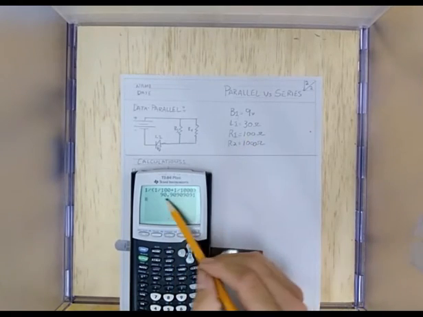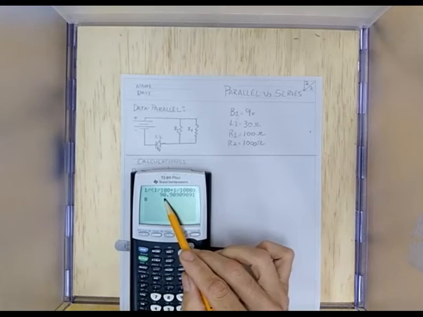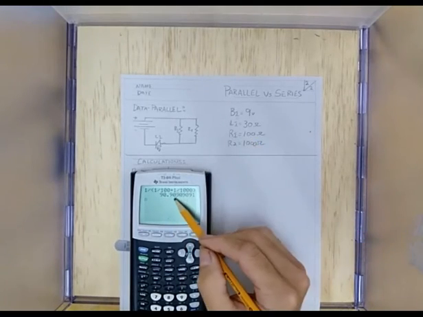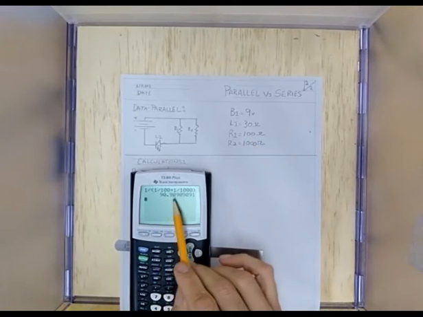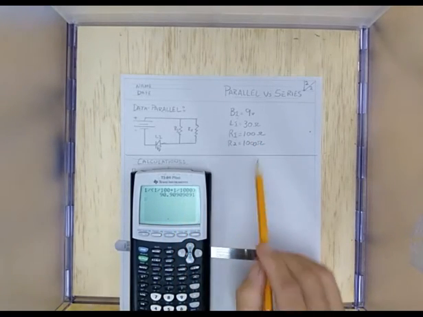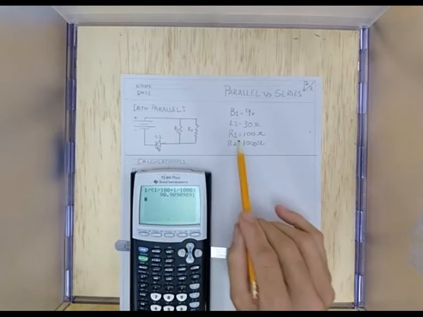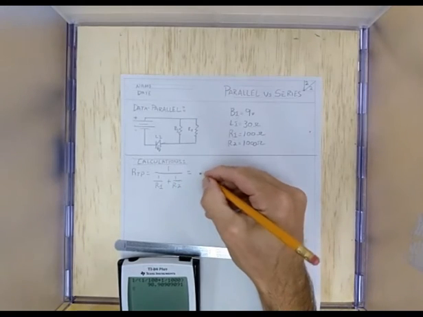So the total resistance of this parallel circuit is less than the lowest number that's in there. The lowest number is 100. This 90.909090 is less than that number. Okay, so that's how I know that it worked out right.